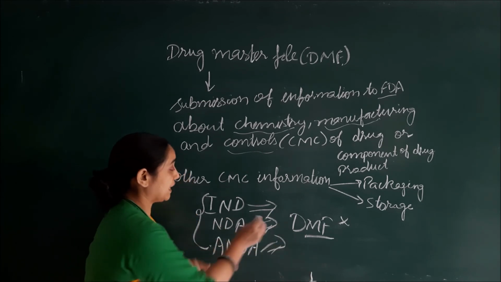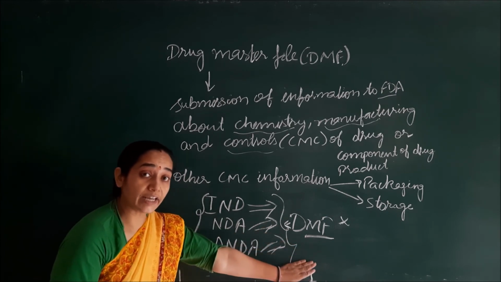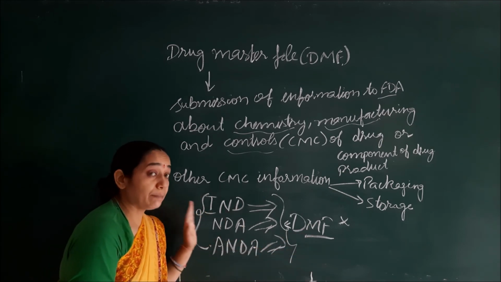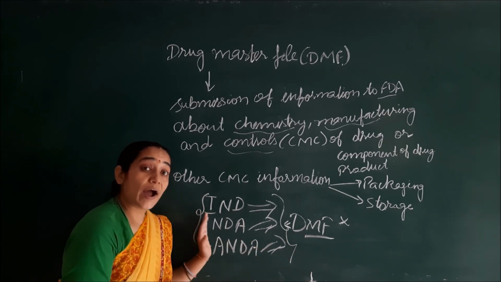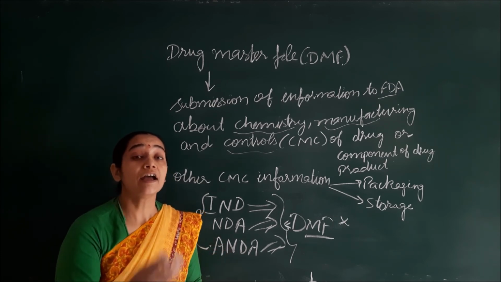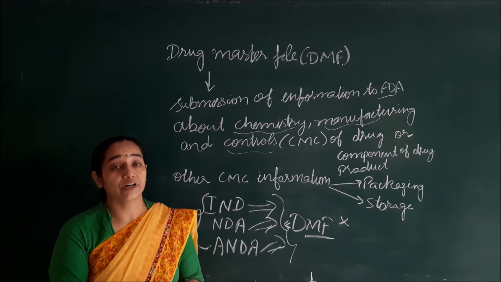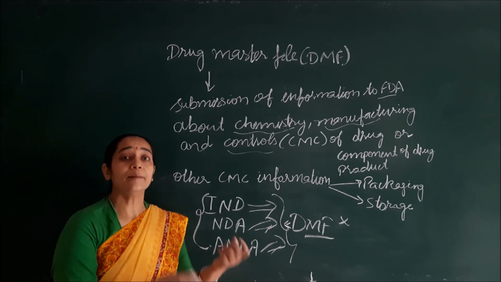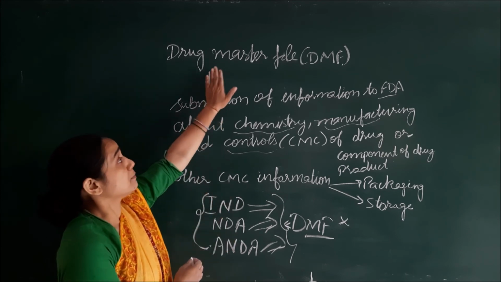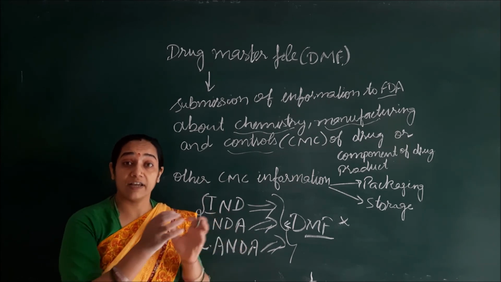DMF is the supporting material for all these. DMF will contain all the information and will be used to supplement the information required in these applications. While a manufacturer applies for an investigational new drug, a new drug application, or an abbreviated new drug application, meaning a generic product approval, that manufacturer will provide this Drug Master File to supplement all the information the authority requires.